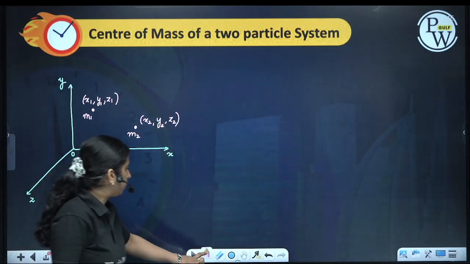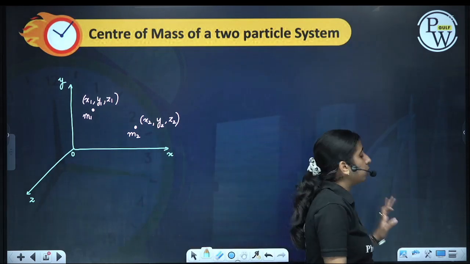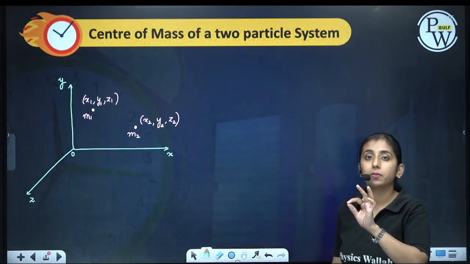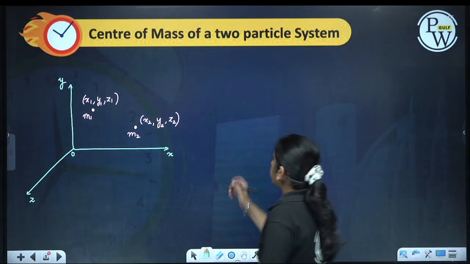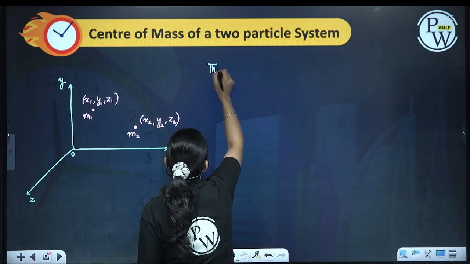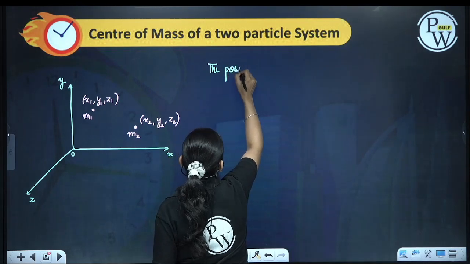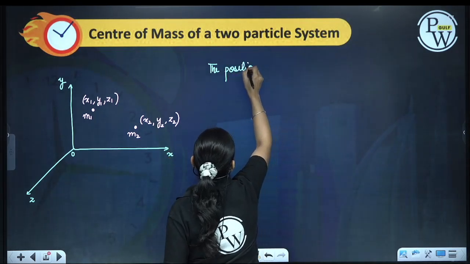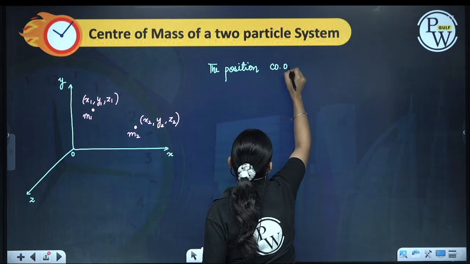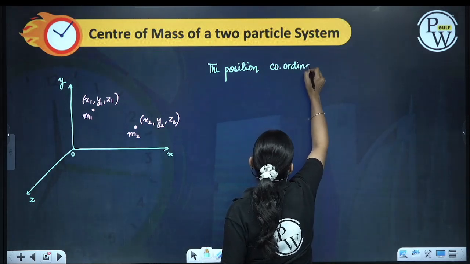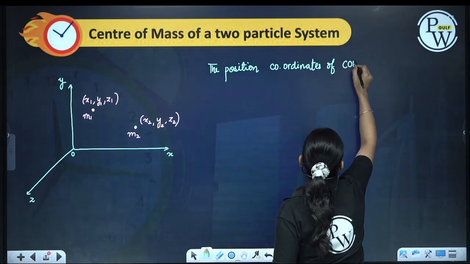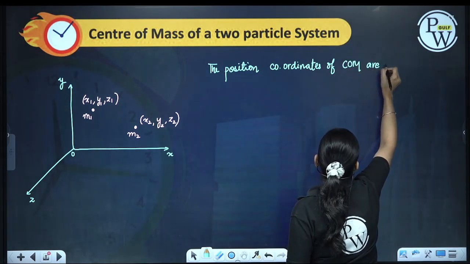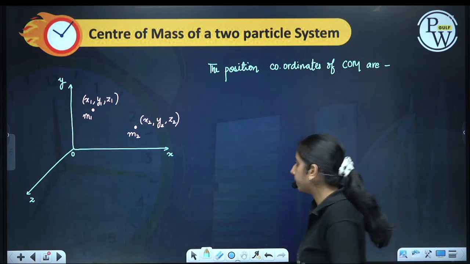So we have two particles with these coordinates. Now, what will be the position coordinates of the center of mass?